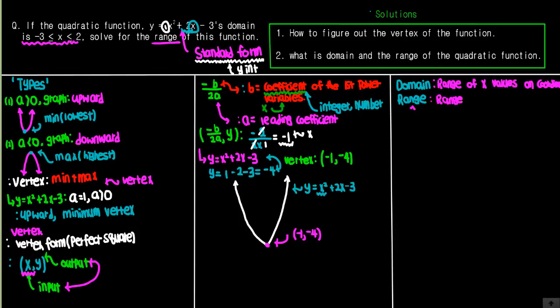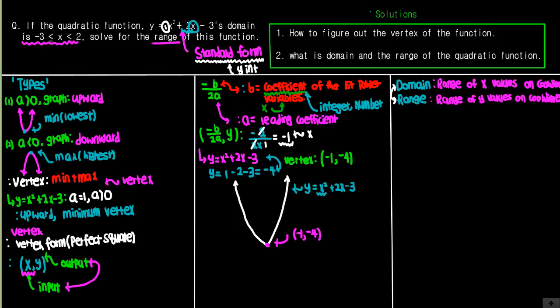This range and this range are clearly different. The range of the function is the distance of y values on the coordinate. So this is what the domain and the range is.